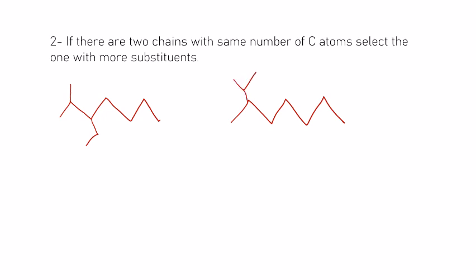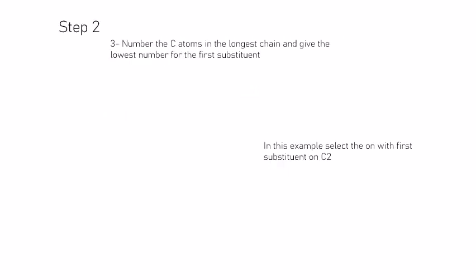So in that case, I can see that this one gives me the longest chain, and also this one gives me the longest chain. So you have to go ahead and pick the one that gives you more substituents. So this is the one you have to pick, not this one. So look at the branches. If you have more branches, pick the one with more branches for the longest chain. Okay. After selecting the longest chain, the second step is to number the carbon atoms.